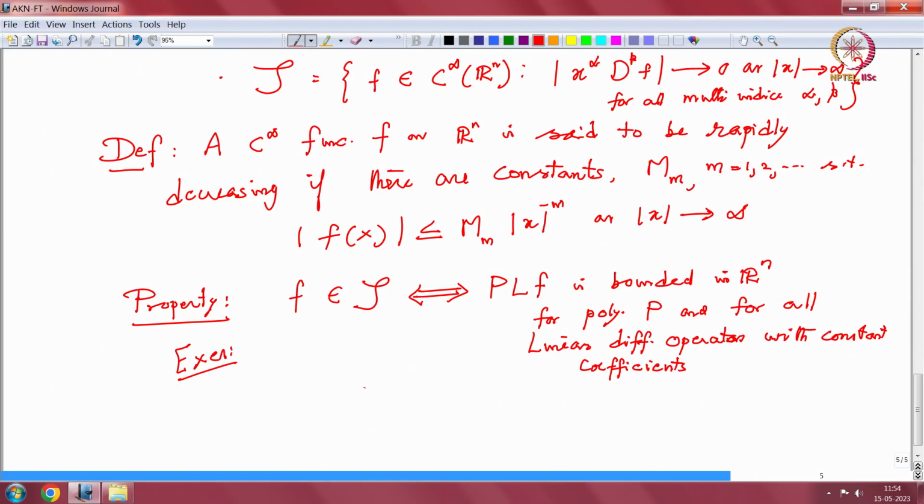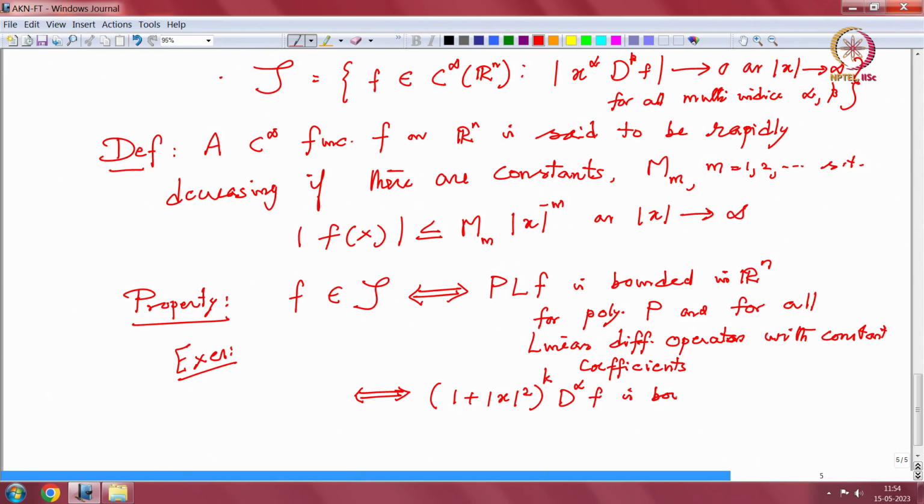For this, and this is also equivalent to, these are all fine, but it is nice to have some verifiable condition, and this will be very useful in your verification or proving certain things. One plus mod x to the power k, so I am looking at that D to the power alpha of f is bounded.